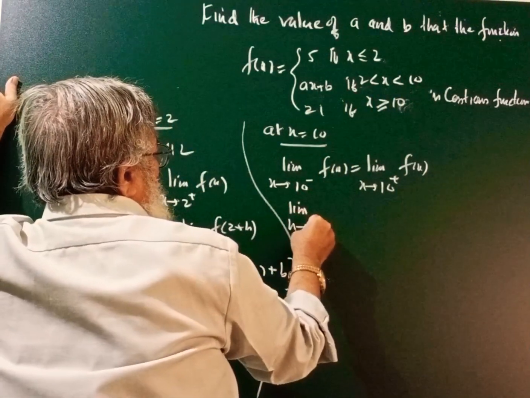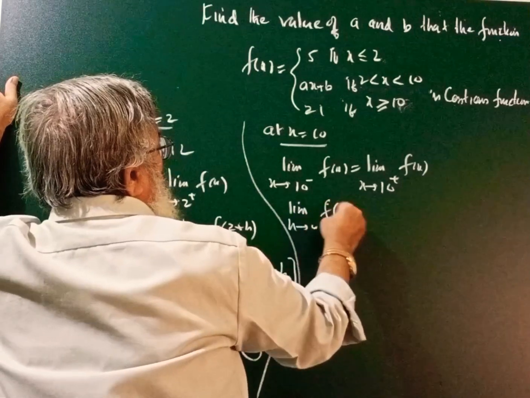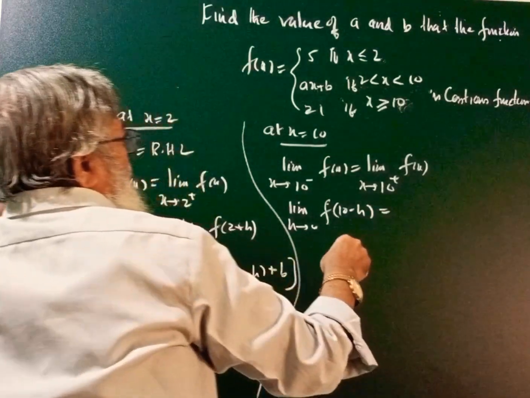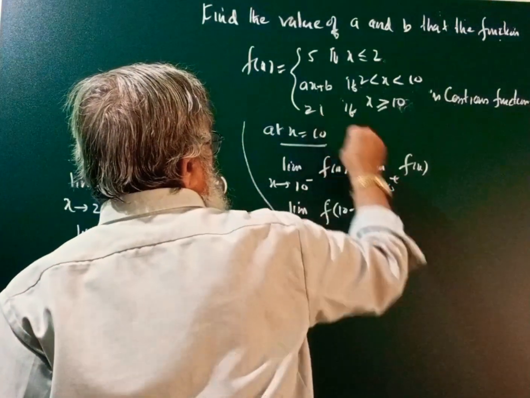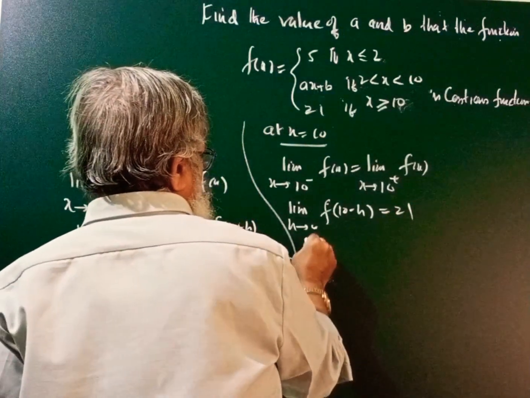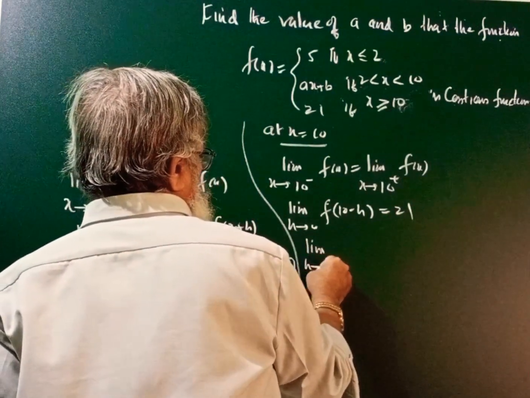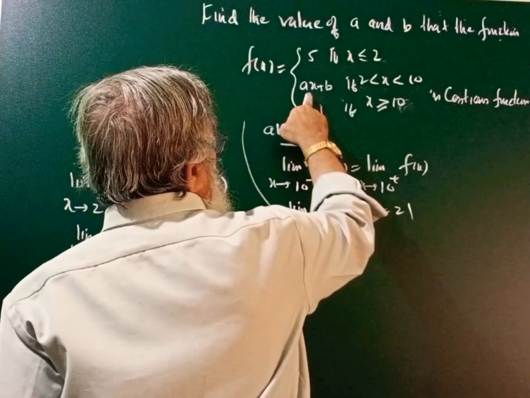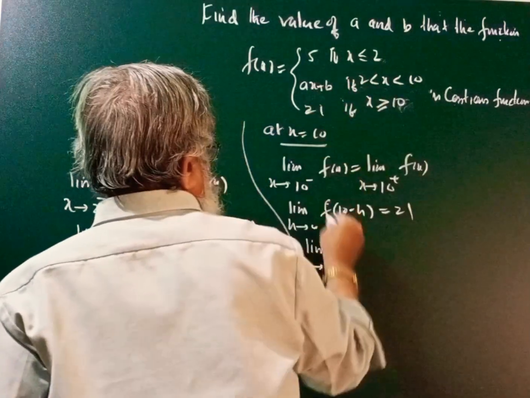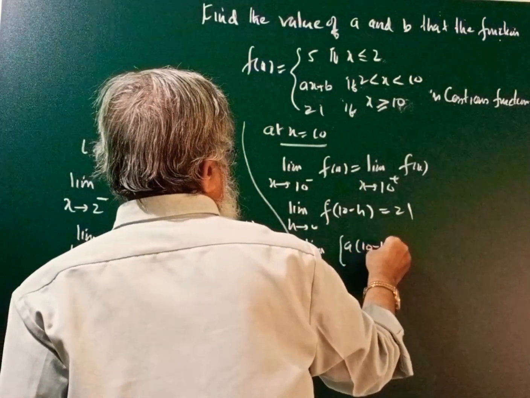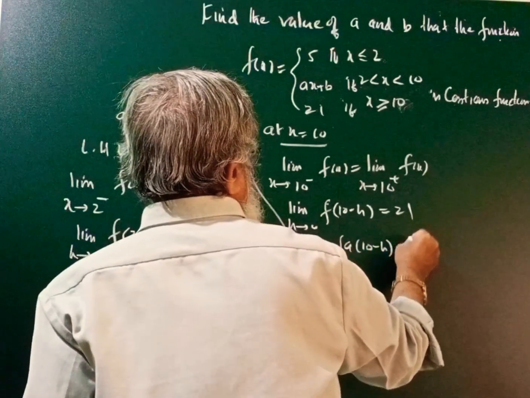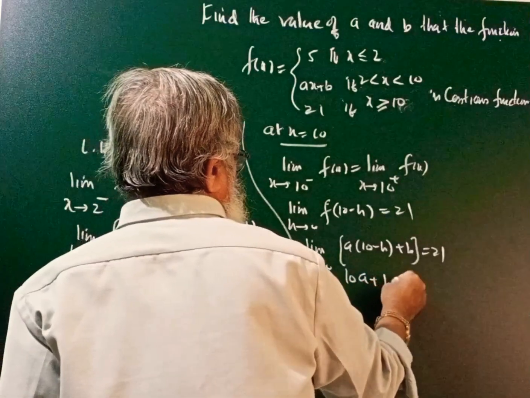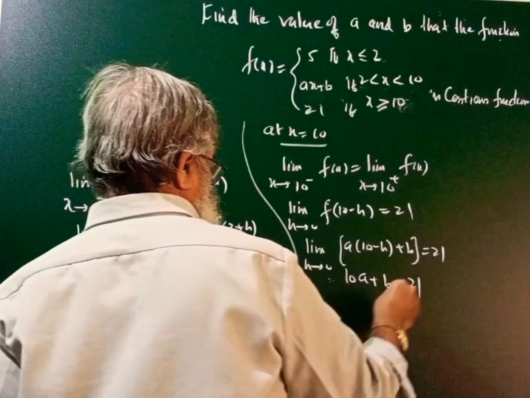Limit h tends to 0, f of 10 minus h is equal to, for the positive side, it is given as 21. Now look here, f of 10 minus h is given by this one, x is less than 10, that is a into 10 minus h plus b is equal to 21. As h tends to 0, 10a plus b is equal to 21. This is equation 2.